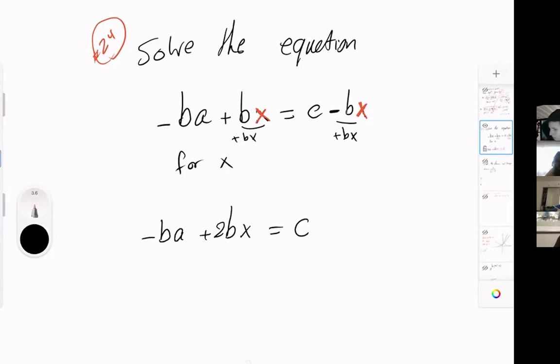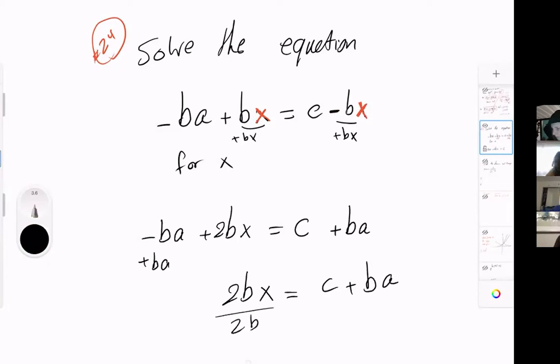I was able to combine bx plus bx. Then I add ba. Then we have 2bx equal to c plus ba, divided by 2b. Then you solve for x. Any question here? So this is basic algebra, solving for a variable.